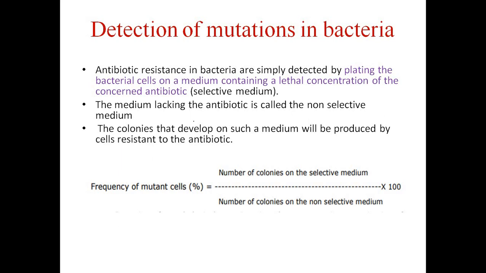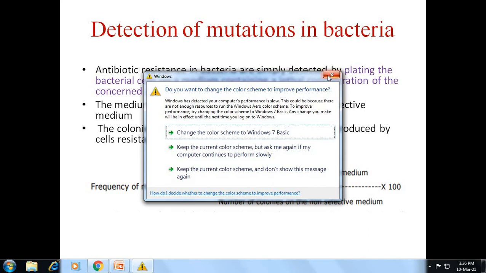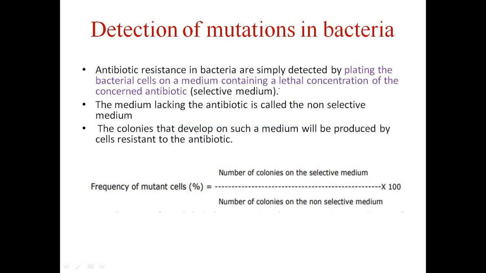Then, as far as mutational studies in bacteria are concerned, an antibiotic resistance gene in bacteria is also easily detected. How can we detect it? By plating bacterial cells on a medium containing a lethal concentration, that is, a concentration that leads to death. We will go into detail on these types of mutation.